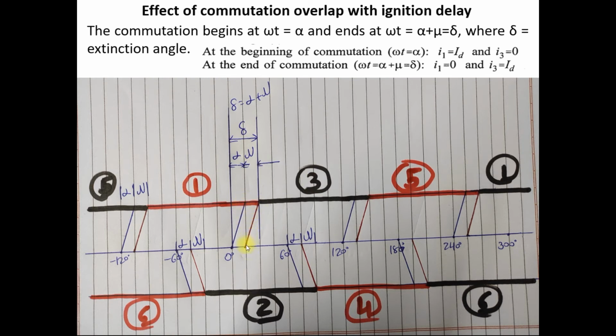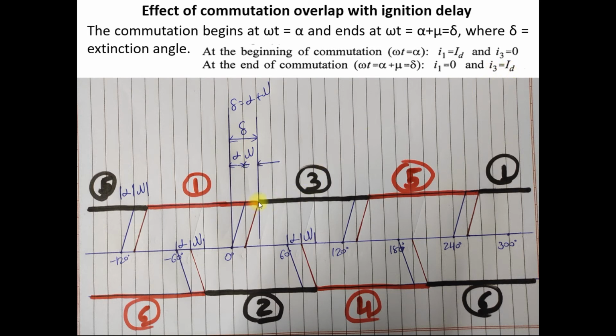You can see here this red line is the transition period from valve 1 to valve 3. At the end of commutation, at this point alpha plus mu, the current flowing into valve 1, I1, is 0. You can see here that I1 is 0, which means valve number 1 is completely off. And I3, the current into valve 3, is equal to the direct current.